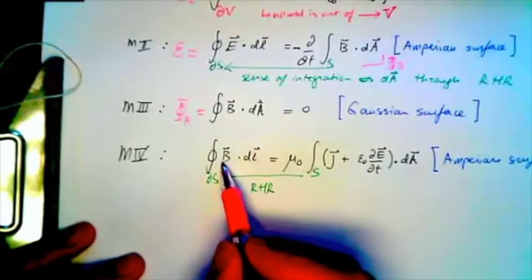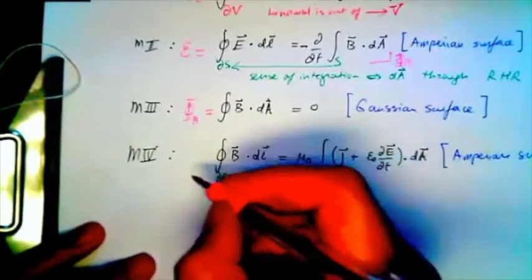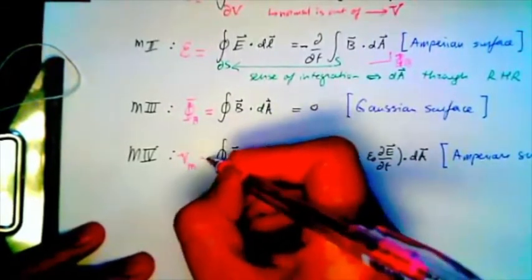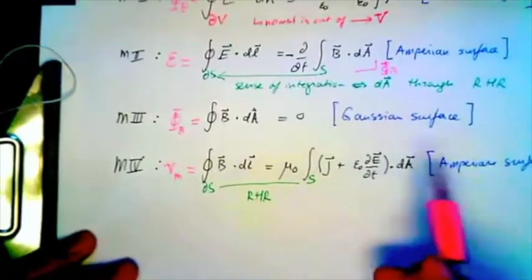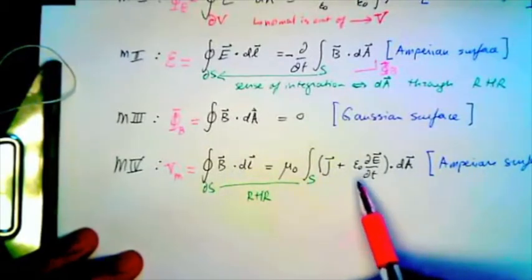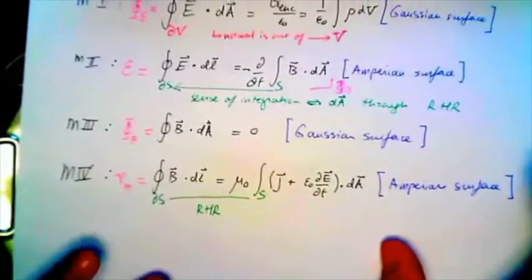There's a line integral of B dl. You could say that that's like a scalar potential, scalar magnetic potential, if you want to look at it that way. But then again, that's not always a useful thing.